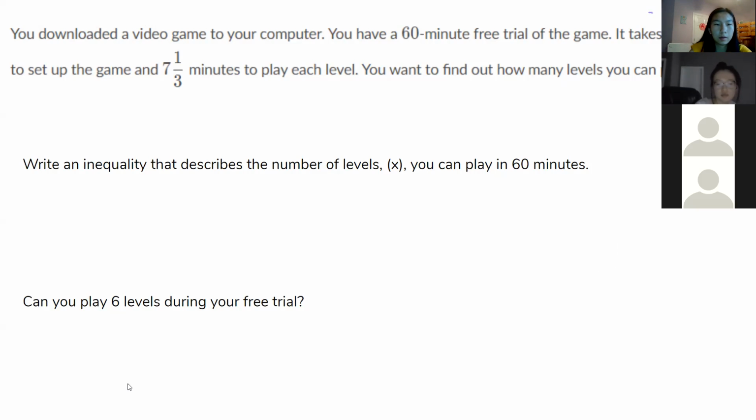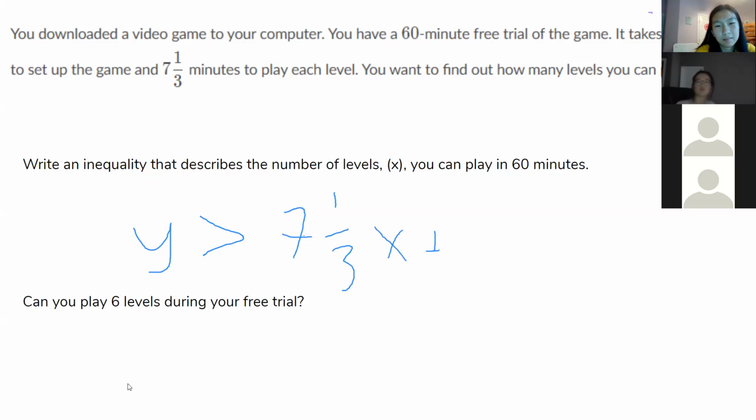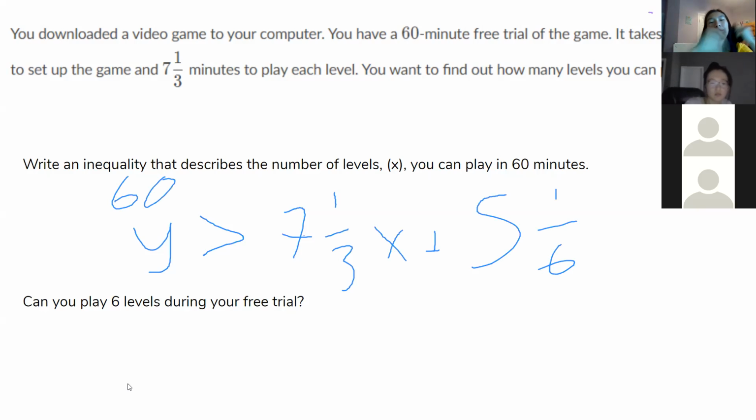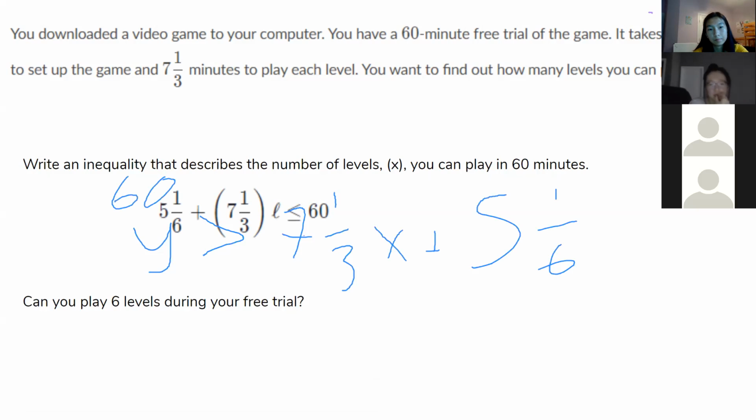So just to go over it, in this case y is just 60. And then you would solve that, to find if you could plug in 6 for your x or your L, depending on what variable you use.